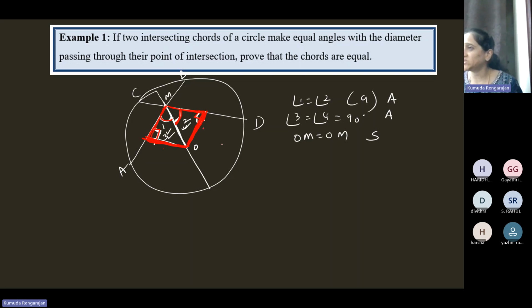And we have a theorem which says that if two chords are equidistant from the center, then the chords are equal in length. So here we are not directly proving that the chords are equal. We're doing it through a theorem, indirectly. Their distances from the center are equal, so the chords are equal. Please write down.